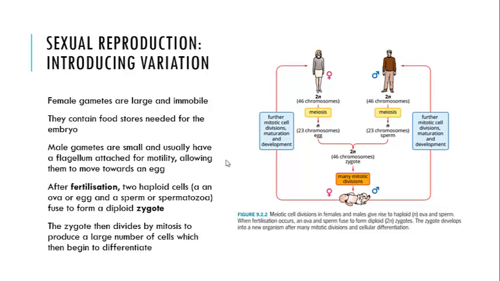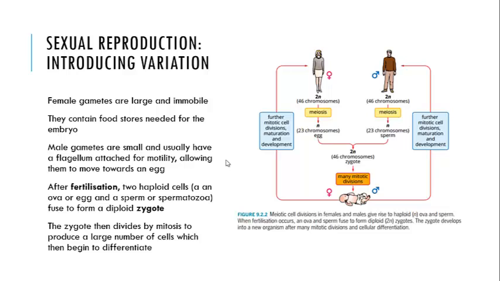After fertilization, 2 haploid cells fuse to form a diploid zygote, and there's a couple of different biological mechanisms to get them to fuse, which we did watch in another video, and I'm happy to send that link out to you later. So fertilization is the fusion of these 2 gametes to create the zygote.